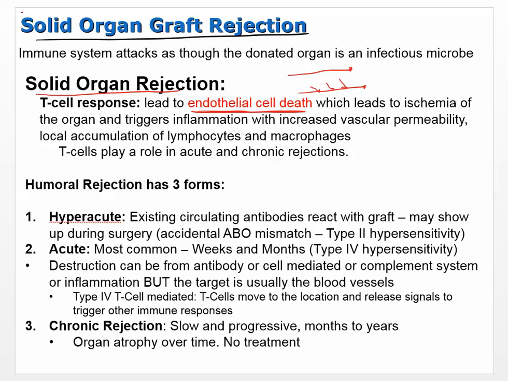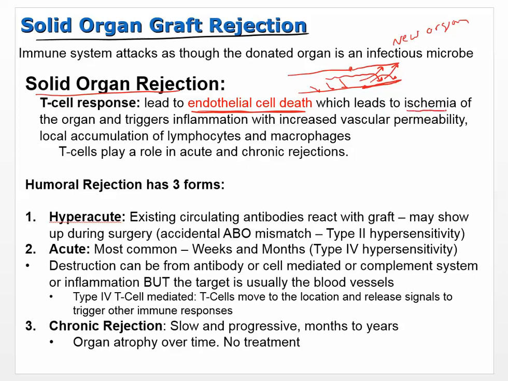So you may be attaching that blood vessel to the host. If this is our new organ here, and this is the host, this is what the immune system is going to see, one of the first things it sees. So it usually ends up attacking the blood vessels, the endothelial tissue, and that leads to ischemia.